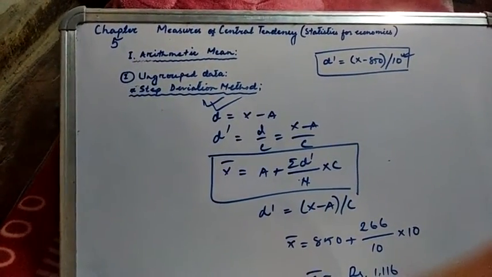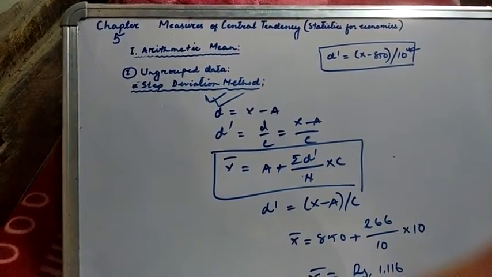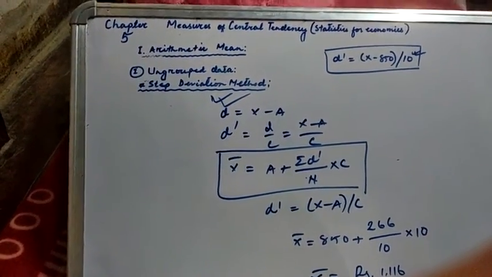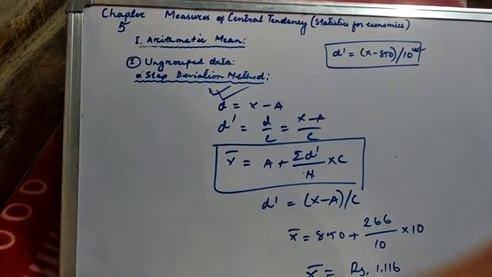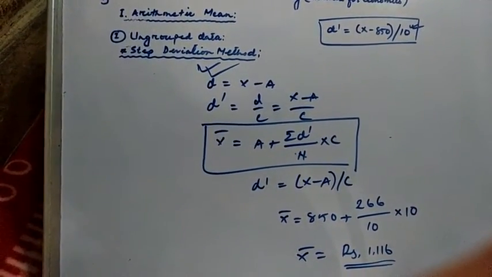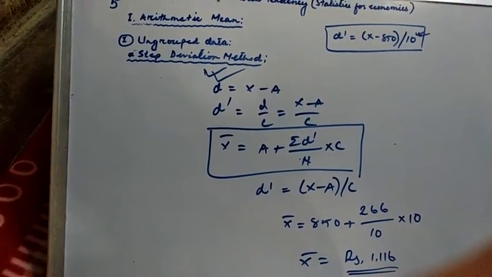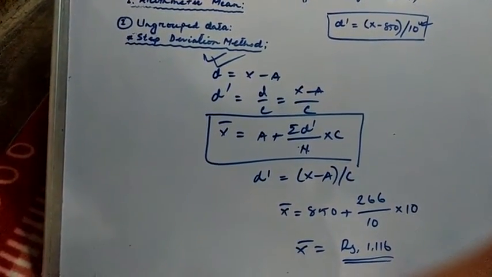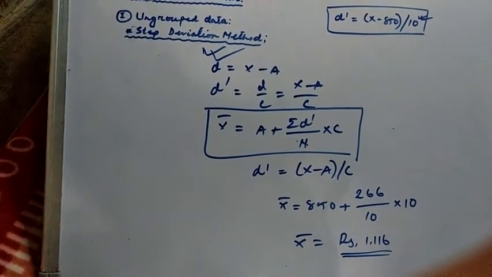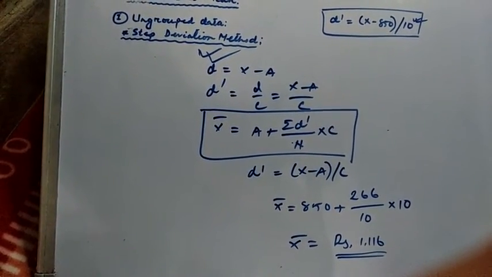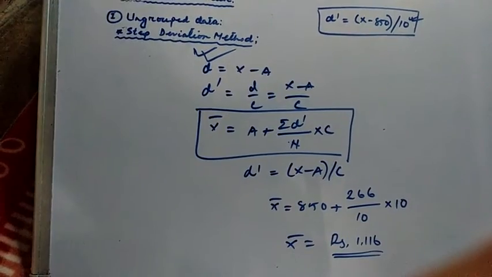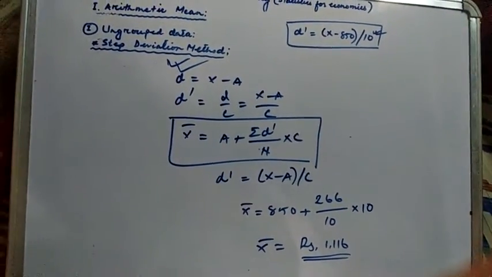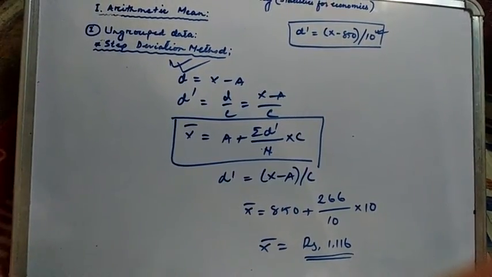In the discrete series, you will again use the same methods: direct method, assumed mean method and step deviation method. Even in the continuous series, we will use the direct method and step deviation method. Lastly, under arithmetic mean, you will discuss weighted arithmetic mean. After that, you will discuss median and mode.